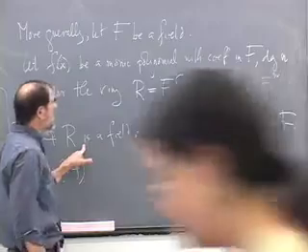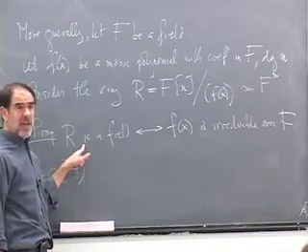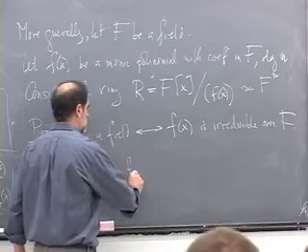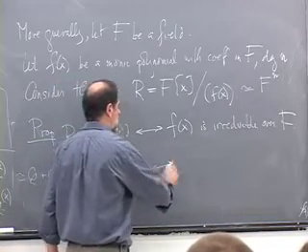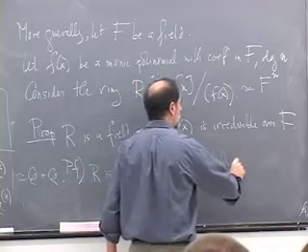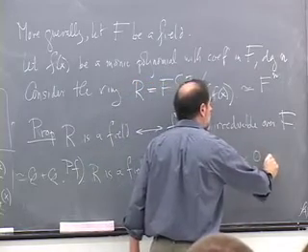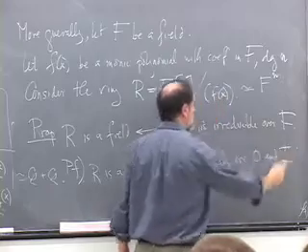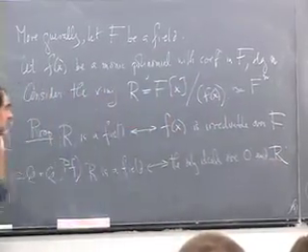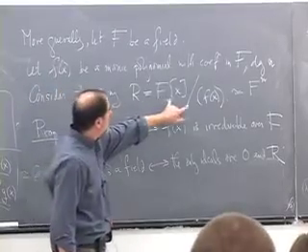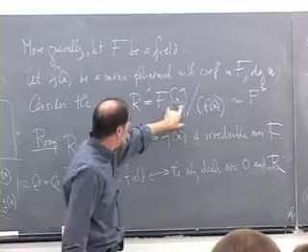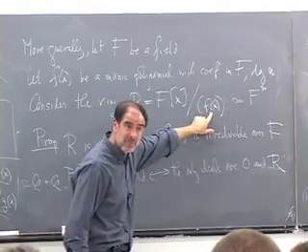We remember that R is a field if and only if it has exactly two ideals, 0 and R. That was our characterization of fields. Now, we remember that the ideals of this ring are precisely the ideals of the original ring containing this ideal.